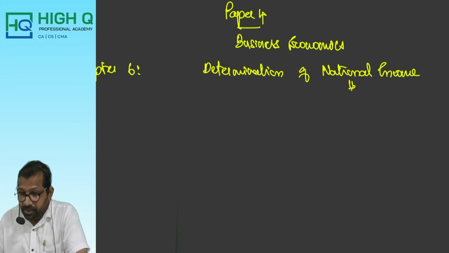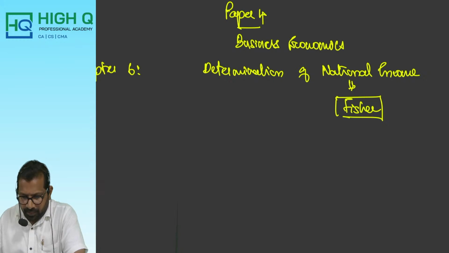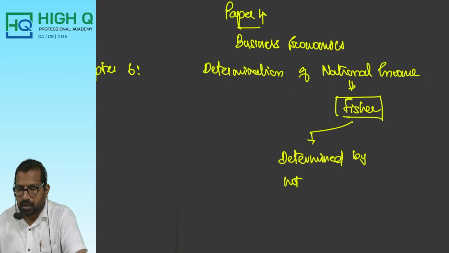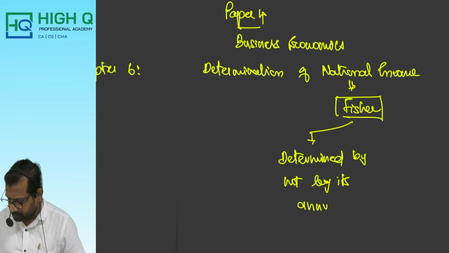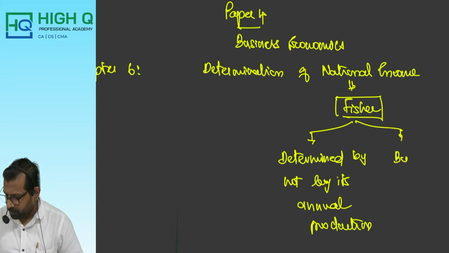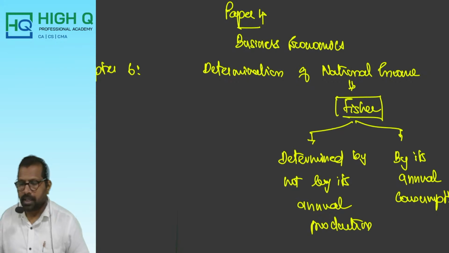According to the definition of Fisher, he defines national income as determined not by its annual production but by its annual consumption.